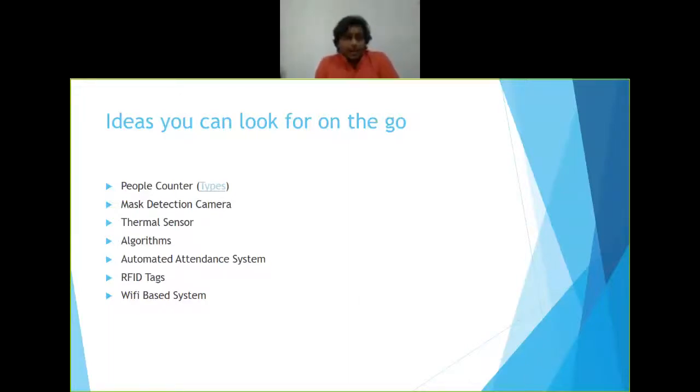Then the fifth one, automated attendance system. Now, this is one simple project which I made an attempt at during my third year engineering, where I felt that proxies were one of the biggest challenges for the professors and in general to avoid.